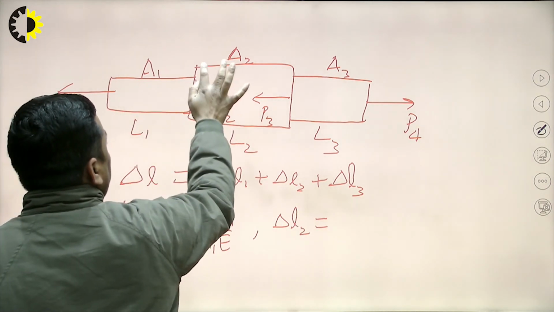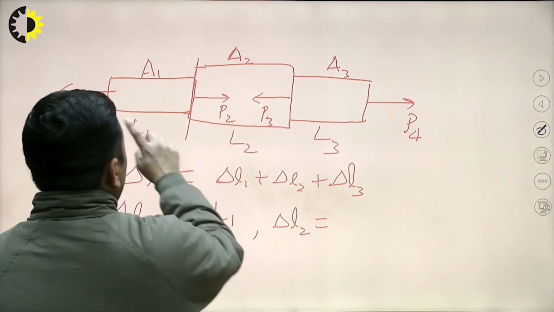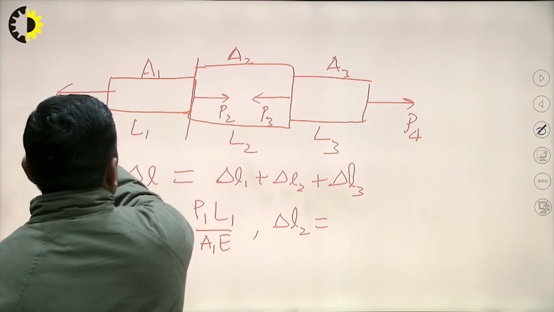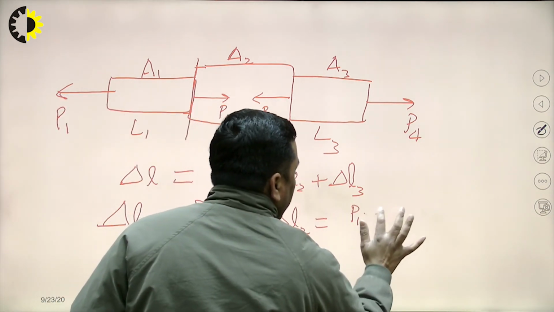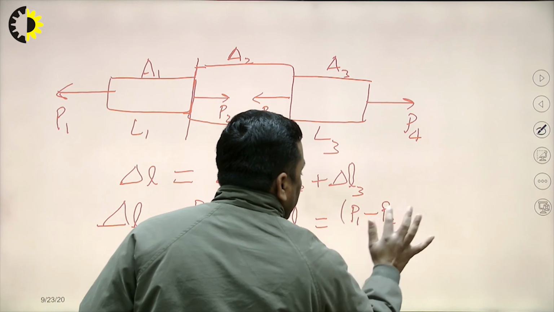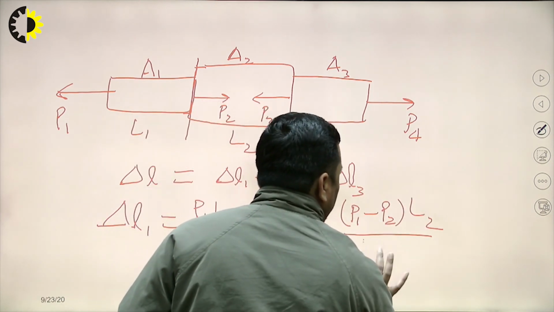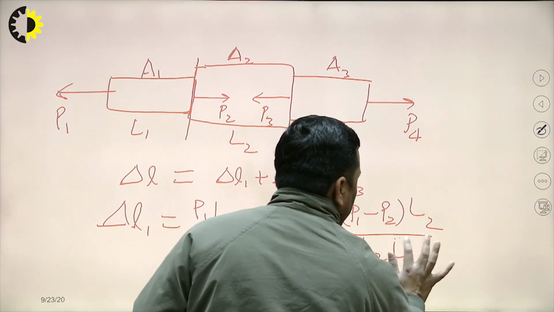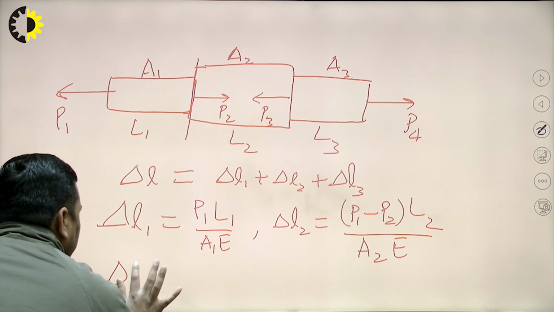Now, how to find out delta L2? Come to this surface. At this plane, the load is P1 minus P2. I am considering this P1 also, and P2 is already here. So, P1 minus P2 into L2 divided by A2 E. For finding out delta L3, I have two choices.